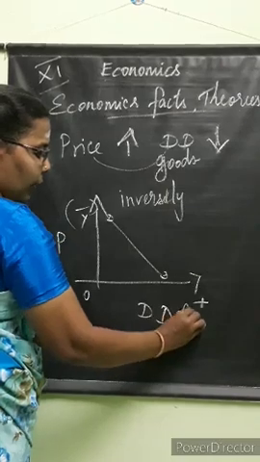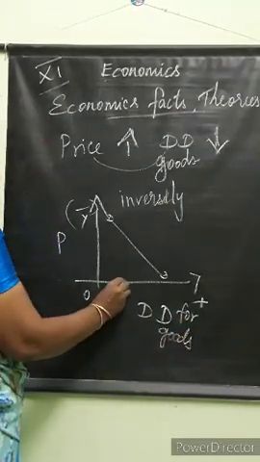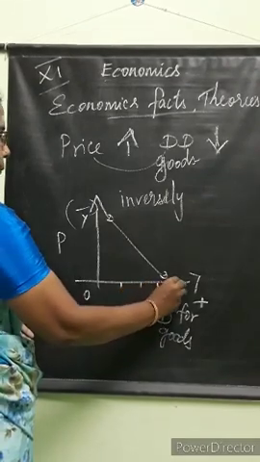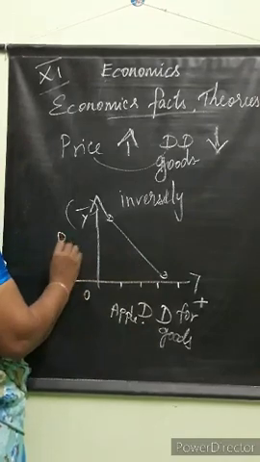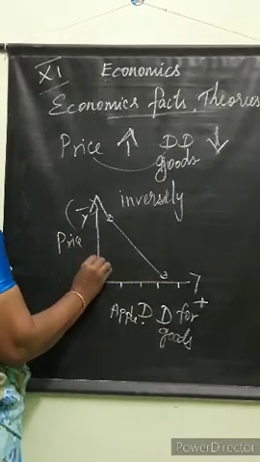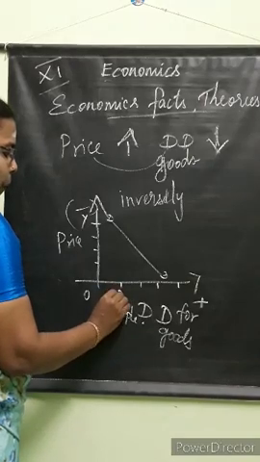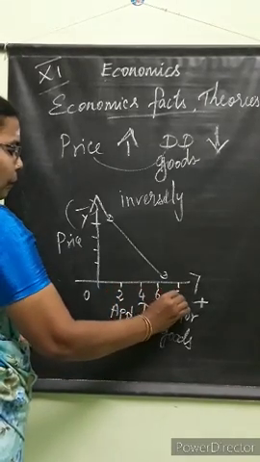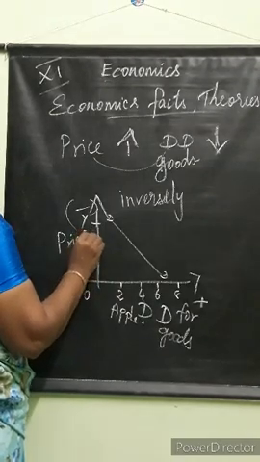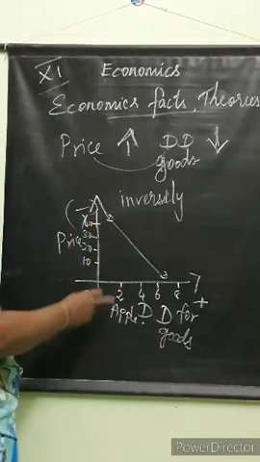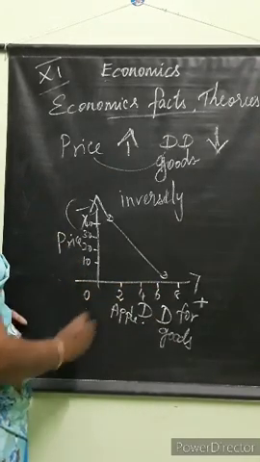Demand for goods, for example, apple, and price. Two, 4, 6, 8 apples, and prices 10, 20, 30, 40.